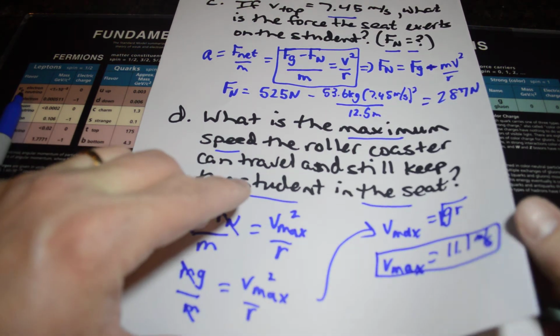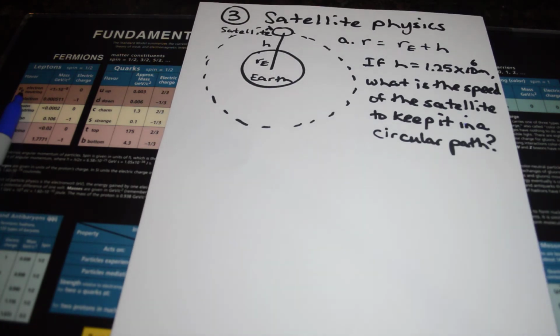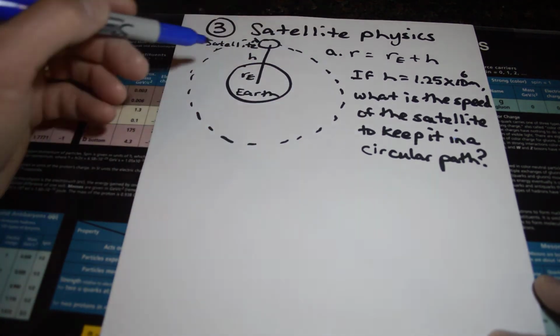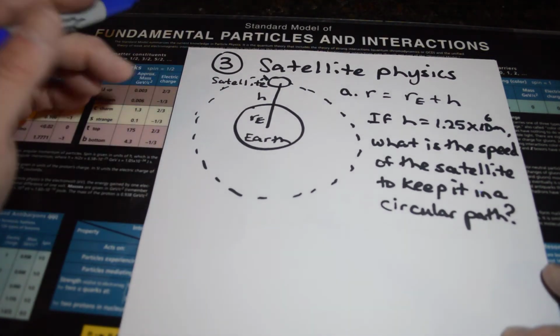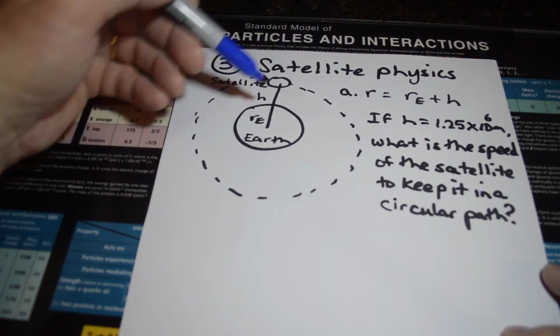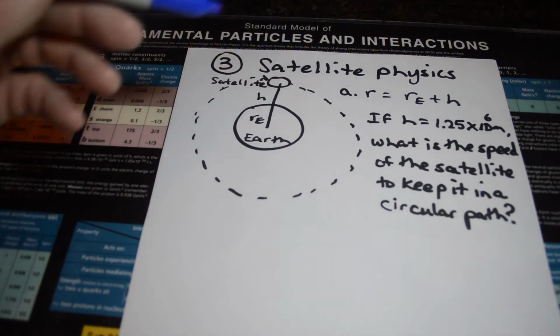We're going to go on to the last problem then, and that is a satellite in motion around the Earth. So you have this object, a satellite orbiting the Earth, and you see that in the picture. For part A, note that the radius of the whole path is the radius of the Earth plus the height.